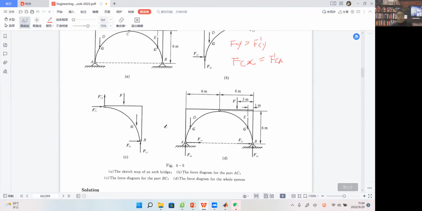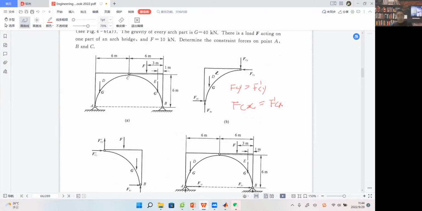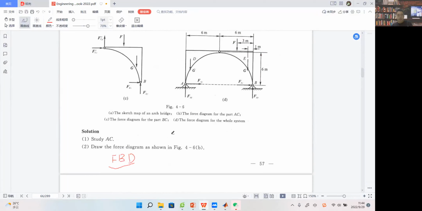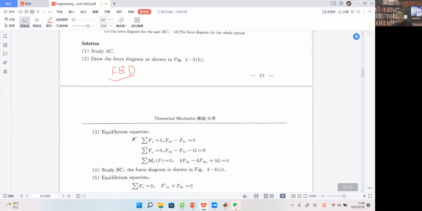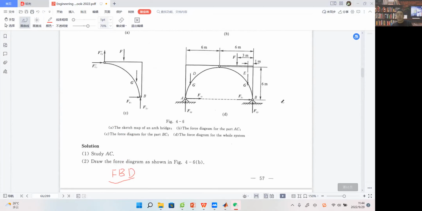Why should we give that? Because we know this one is known, right? And for this one, there are four things we don't know. So actually, we can only give three equations. So we have sigma Fx equals 0. Maybe I can cut this picture.